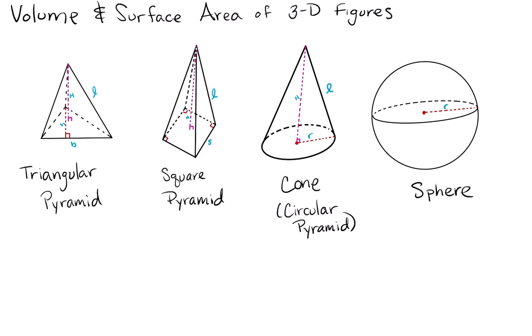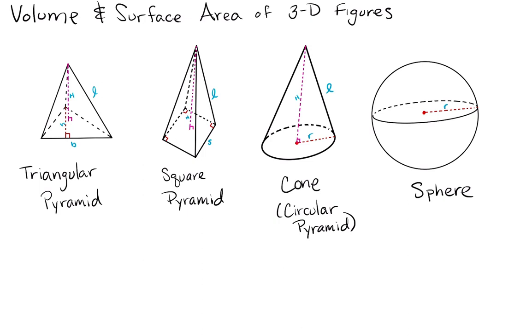The pink dashed line here with the capital H represents the height of the overall pyramid, from the center of the base triangle all the way up to the point at the top. The last letter here, L, represents the slant height. It's the height from this edge to this point.